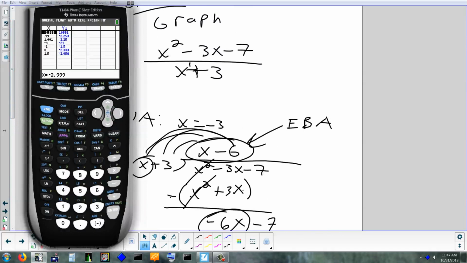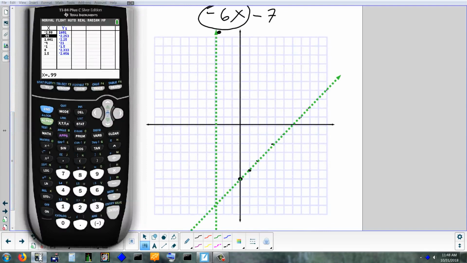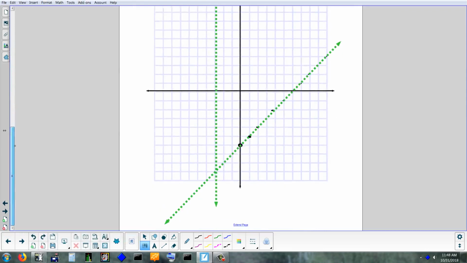All right, so if I check -2.99, I get positive 1,000. So at -2.99, it's way up. So I don't think it's going to end up in this section. No, yeah, it might. So what's another value I can check besides -2.99? Yeah, -3.001. I'm at -11,000.